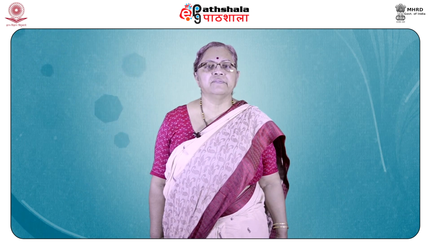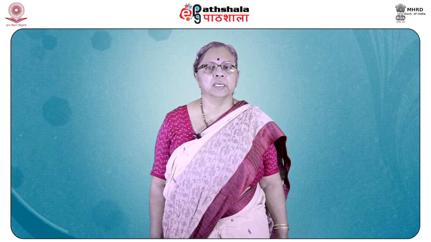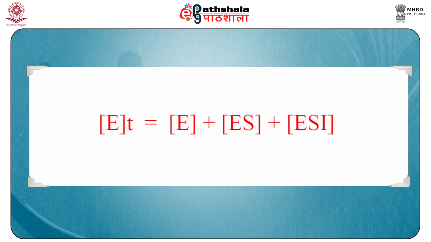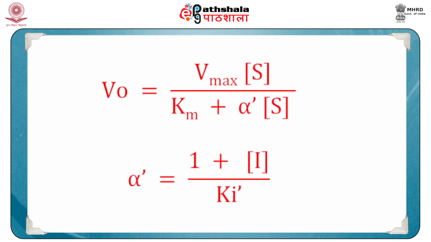Again, using the various enzyme complexes found in the equation, namely ET is equal to E plus ES plus ESI, and deriving the Michaelis-Menten equation, V0 is equal to Vmax S divided by Km plus alpha prime S, wherein alpha prime is equal to 1 plus I divided by Ki prime, Ki prime being the dissociation constant of the ESI complex.